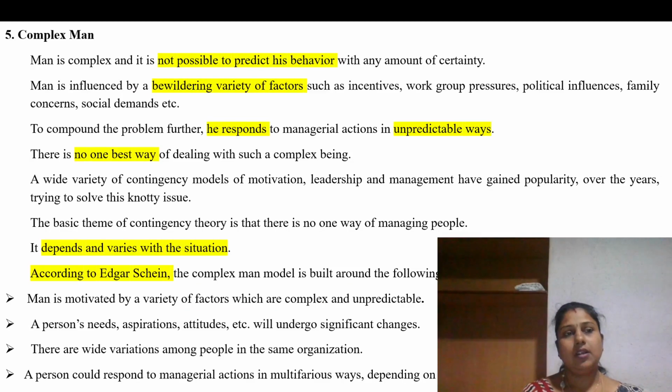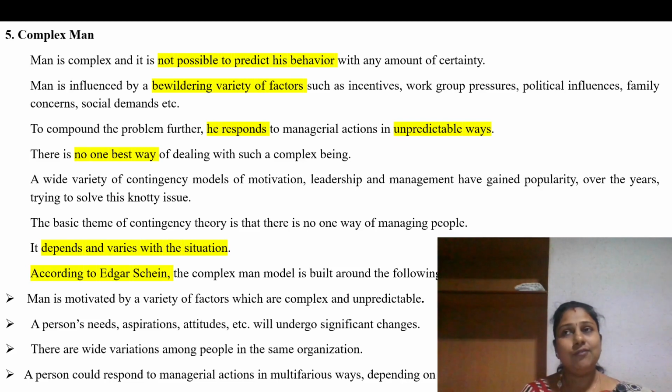Complex man. The man is complex. Due to globalization and industrialization, needs are significantly changing and updating, and it is not possible to predict his behavior.